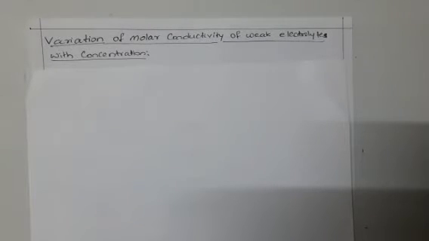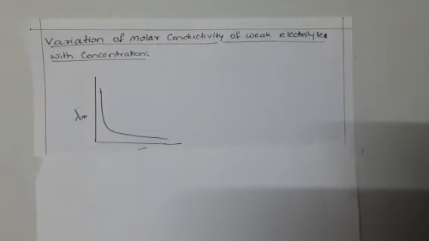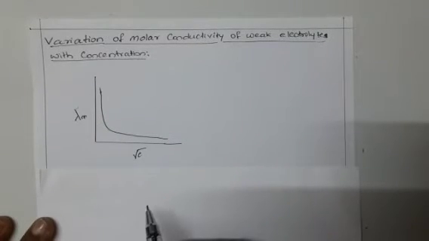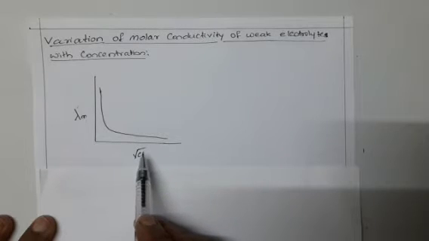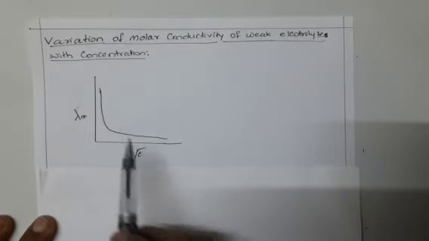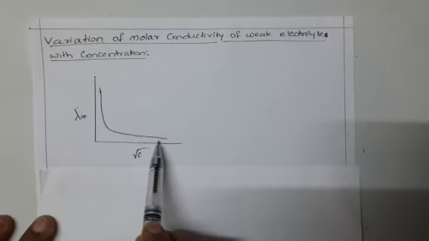Therefore, variations are going to be very large. So when we plot the graph of lambda m versus square root of c, we get a graph like this.